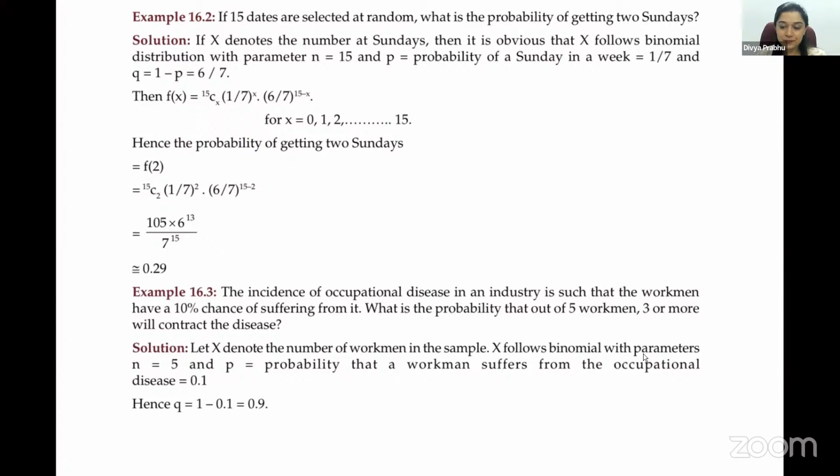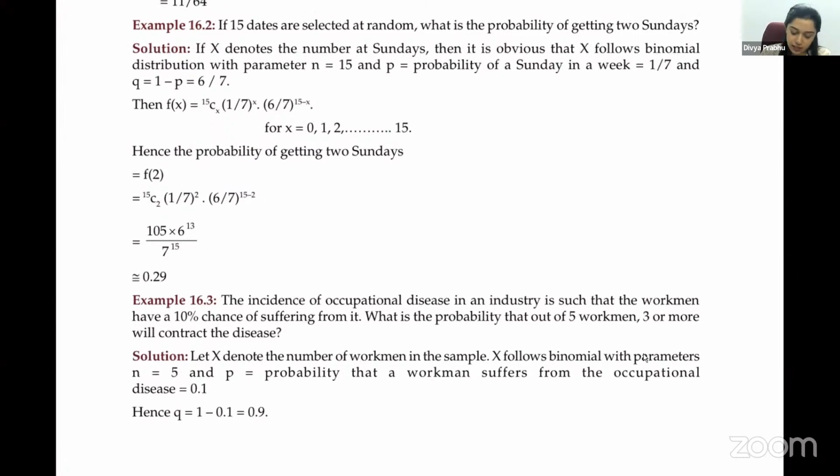Let's start. So, if 15 dates are selected at random, what is the probability of getting 2 Sundays?